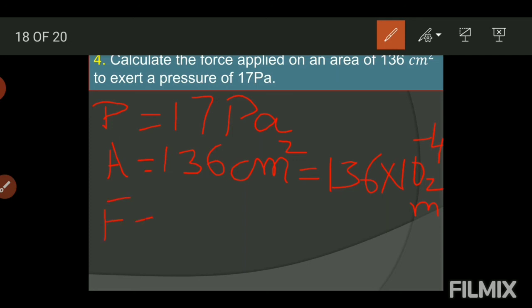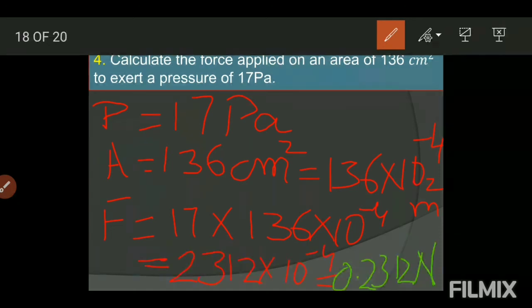So we get the force or the thrust applied is equal to pressure into the area.